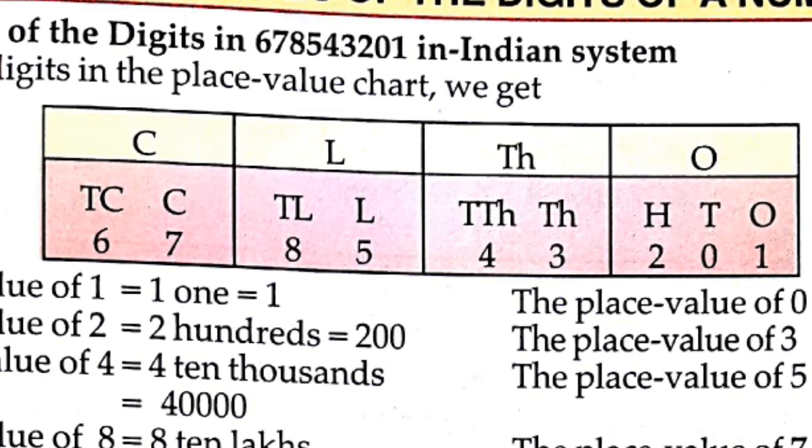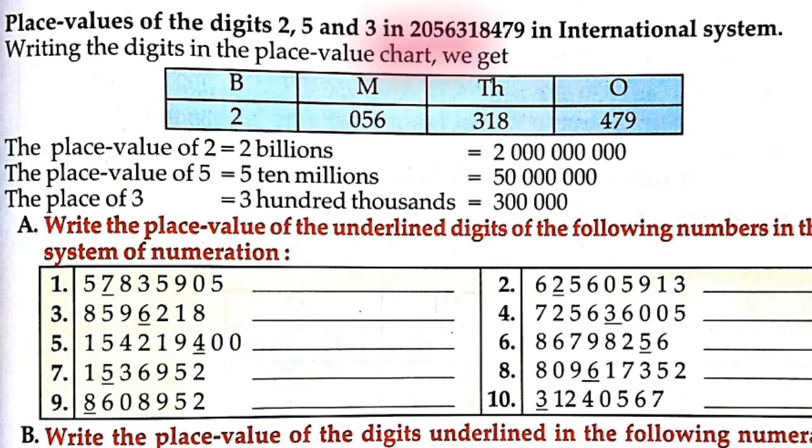Okay. You see the next number is 2056318479. We will calculate the place value in the international system. So for that, we first write the digits in the place value chart.